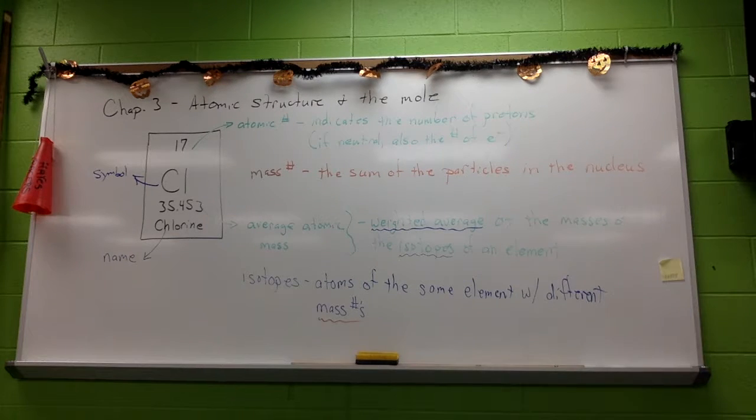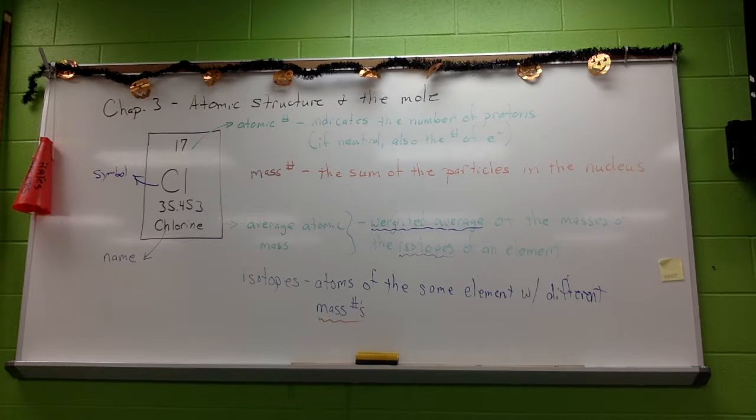It is the sum of the particles in the nucleus. Now here I'm relying on either prior information that you guys have had in other classes since about 6th grade or so, or the little activity that you guys turned in yesterday. What are the particles in the nucleus?